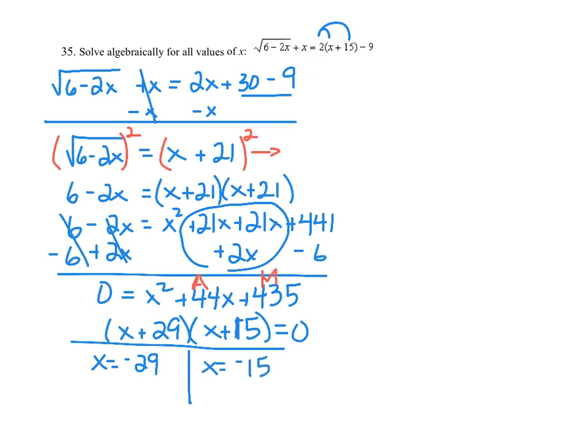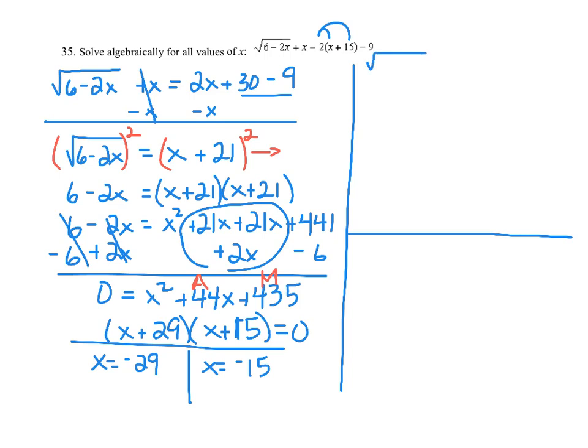Now you have to be very careful with these because remember when we have radical equations, you definitely want to check these to make sure that your solutions will actually work in the original equation that you were given. Okay, so I'm going to kind of section off here, and I'm going to start with negative 29.